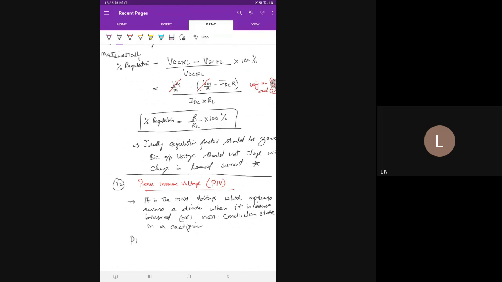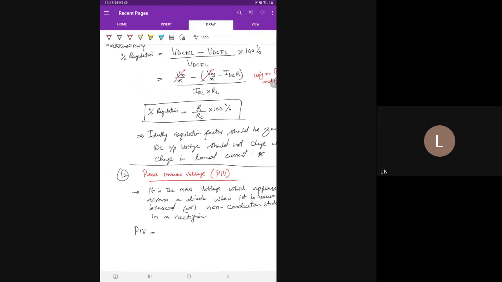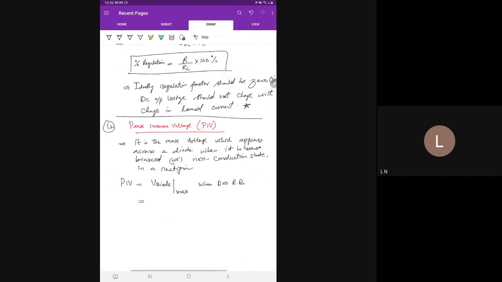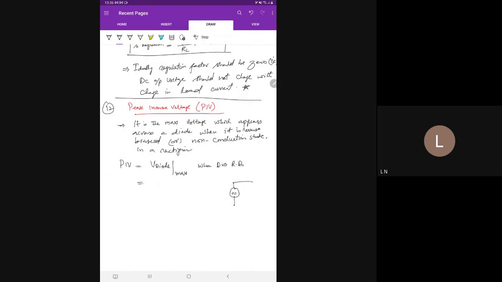Now peak inverse voltage is equal to V diode maximum. It is the maximum diode voltage when the diode is reverse biased. What is diode voltage when the diode is reverse biased? In reverse bias, the diode is an open circuit. Suppose this is a sinusoidal source, this is the diode, and this is the load resistance.